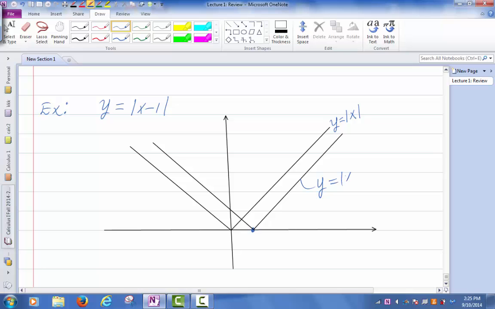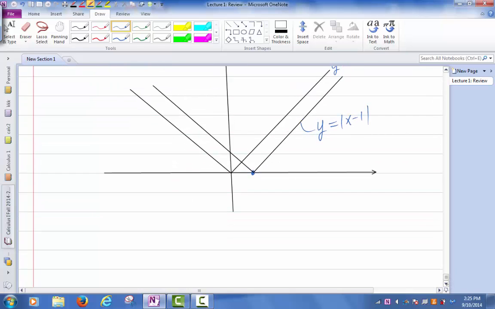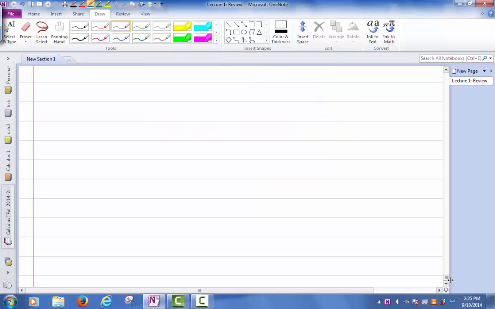How about then the graph of absolute value of x squared minus 1? Do I obtain this function from x squared by replacing x by x minus 1? No. If I look at the function absolute value of x squared, that's in fact the same as x squared, right?